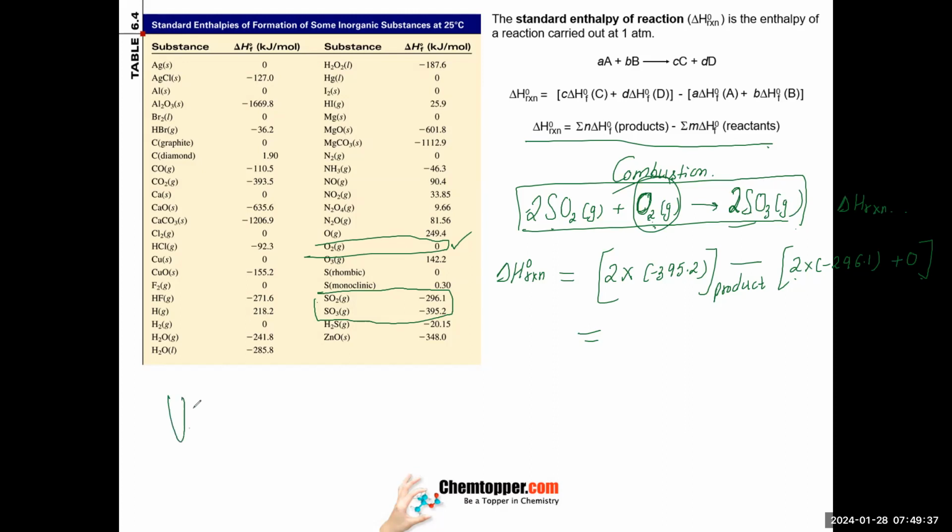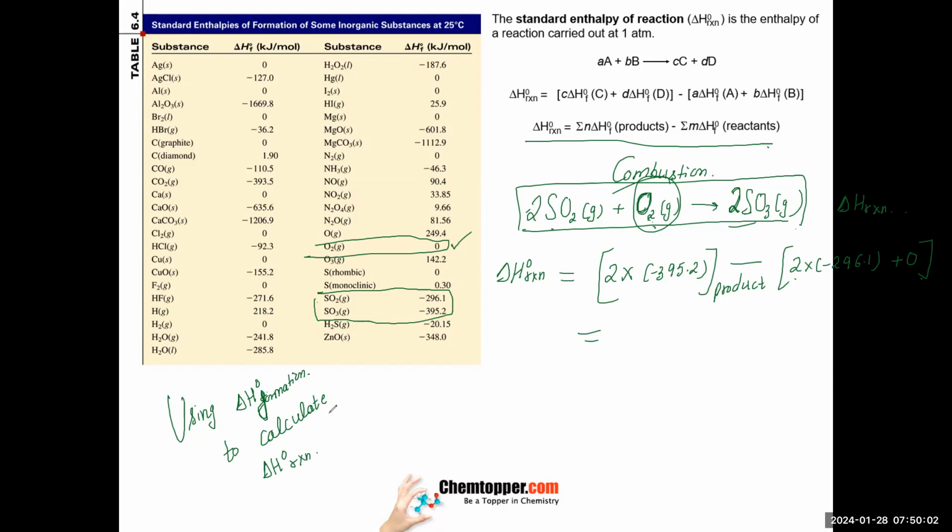Using delta H naught reactions, formations. You know the definition of formation now. So these questions are there in free response, to calculate delta H naught reaction.